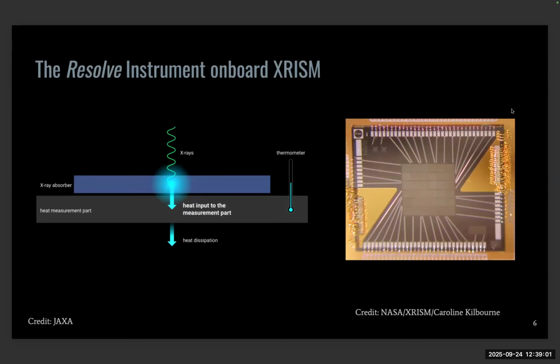The resolution is basically determined by how accurately you can reconstruct the deposited energy from the rise and the decay of the temperature of that individual pixel. So it depends, for example, on the total count rate that these pixels get, because it takes a little while for the individual pixels to cool down again after an incident photon.